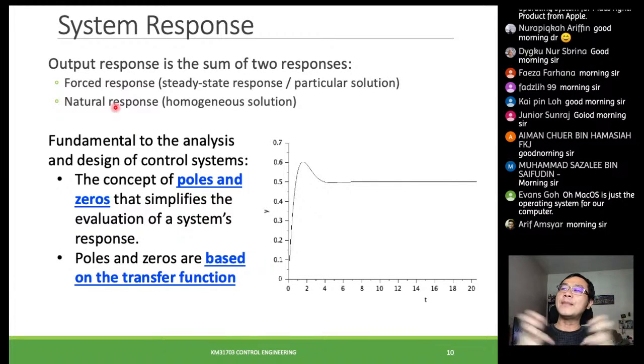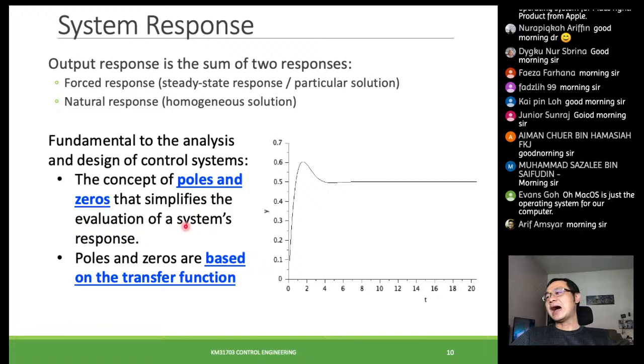So when we combine these two things together, we form the total output response for our whole system. In order for us to analyze this system response, one of the fundamental concepts is using the poles and zeros, to evaluate, based on the poles and zeros, what we can tell from the transfer function and how it would respond to time.